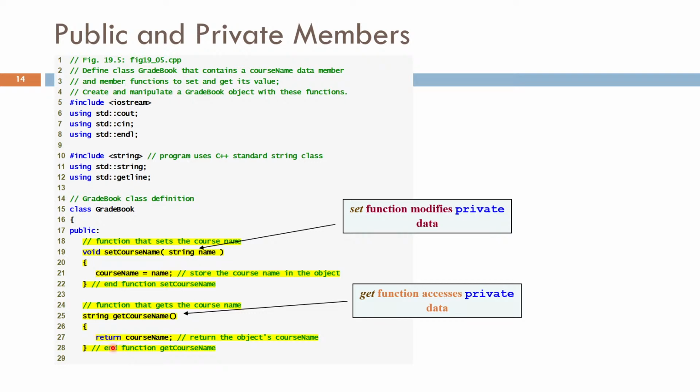So the return courseName here, remember this is within the class itself. So once it's within the class, it has access to it. The return courseName, for lack of a better way of saying it, just accesses whatever is inside the courseName private member variable, and puts it back out onto our screen if we have an output cout.